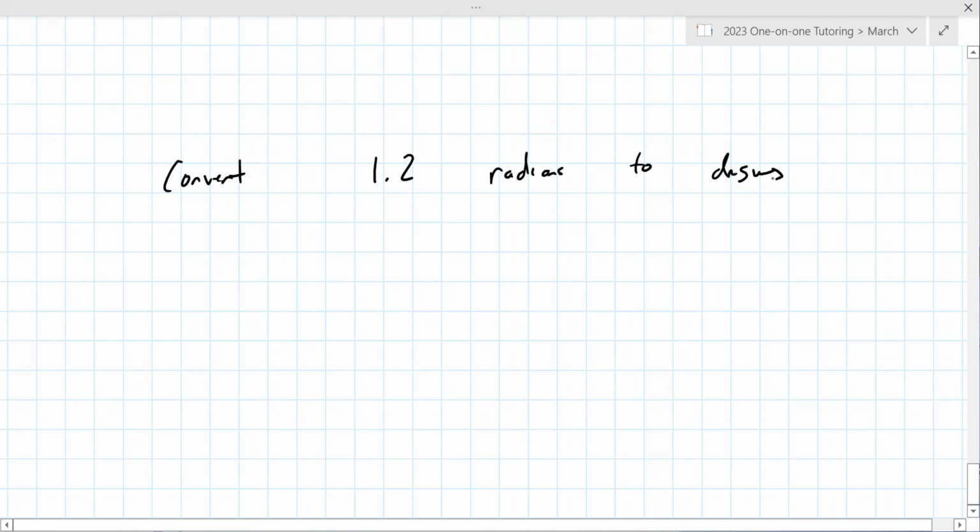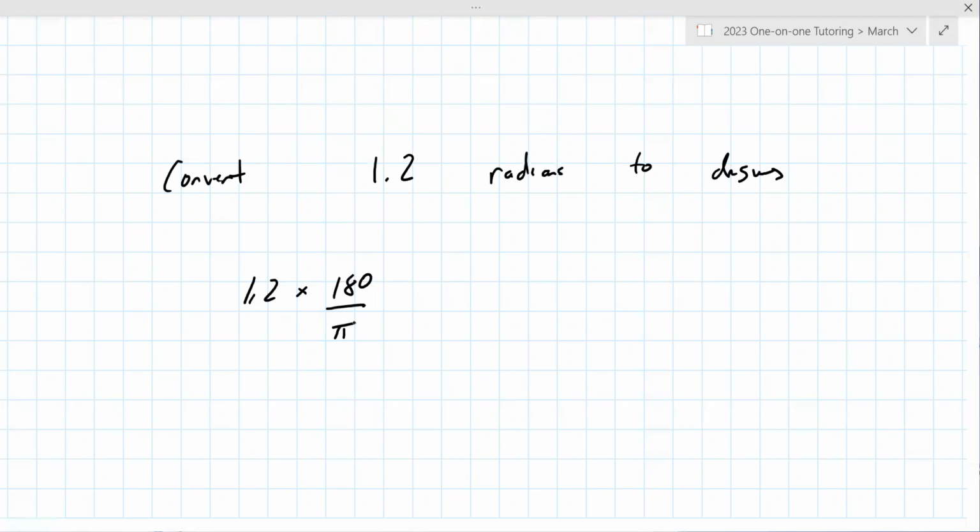Then the formula is 1.2 times 180 over pi. Very good. And then I'll just type that into the calculator, of course.